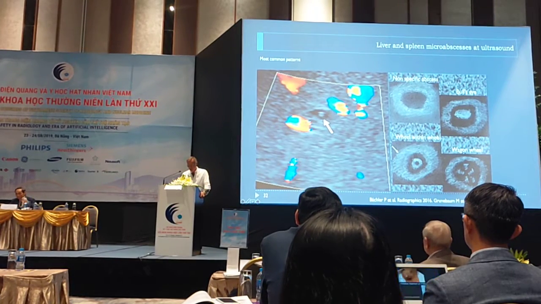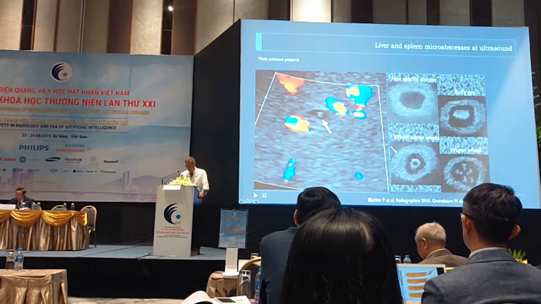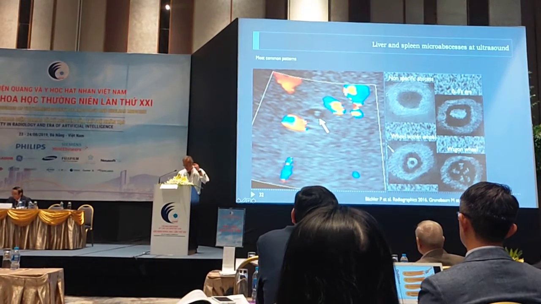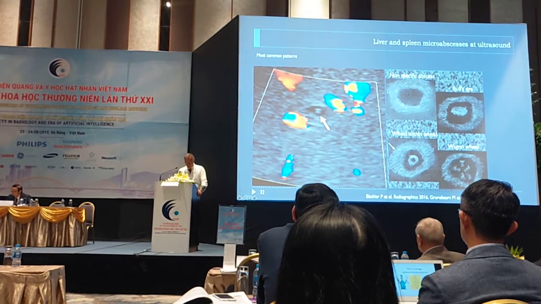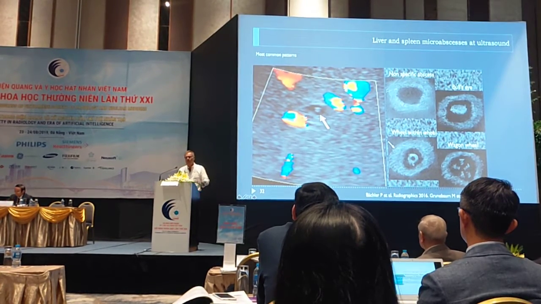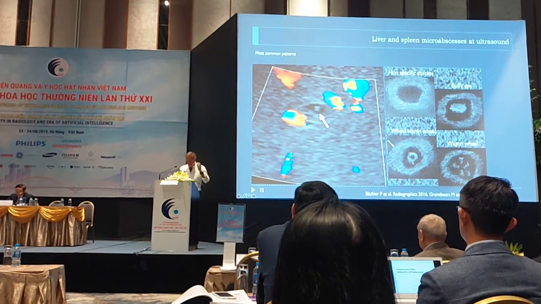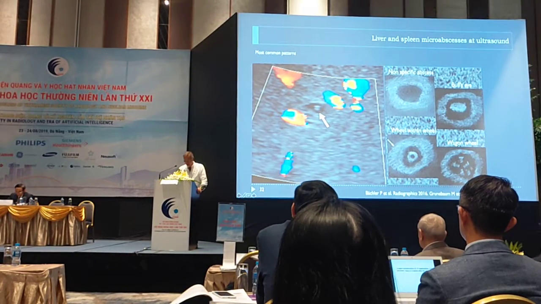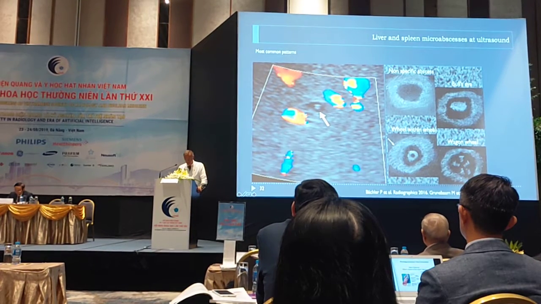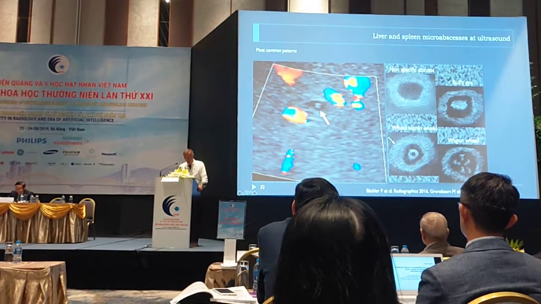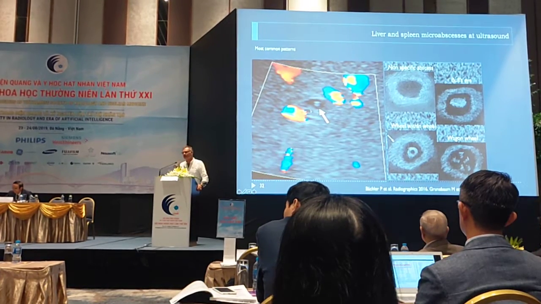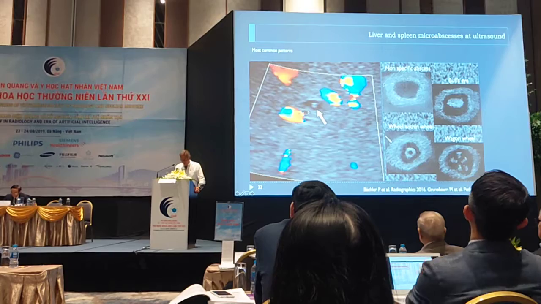For fungal infection, you have the bullseye, which is the same as this one, plus something inside the fluid here. You can have this pattern as well, which is a wheel. Within a wheel, we have two concentric circles, and you can also have this one, which is quite rare, the wagon wheel. So this is a typical feature you can have in liver microabscesses, and again, I strongly recommend in this setting to use a high-frequency probe.